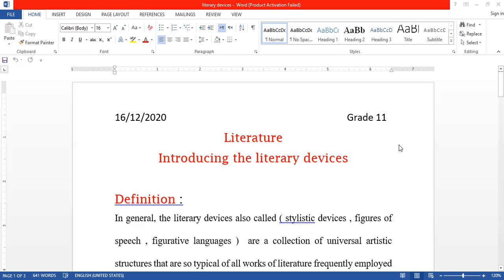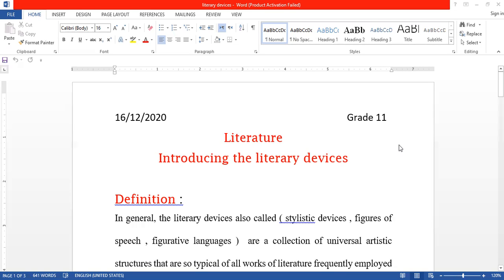As you can see from the title of the lesson, it's about introducing the literary devices. So what do we mean by literary devices?